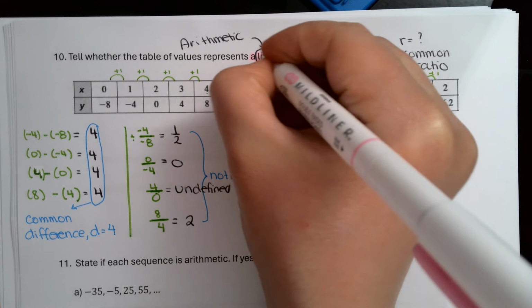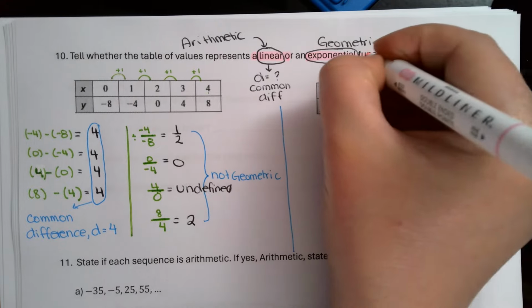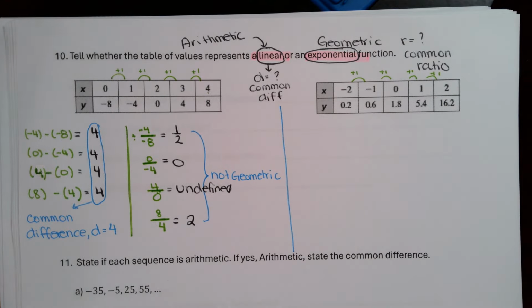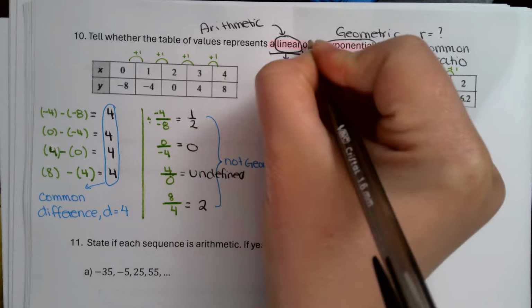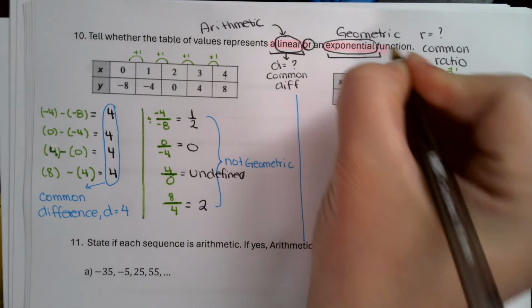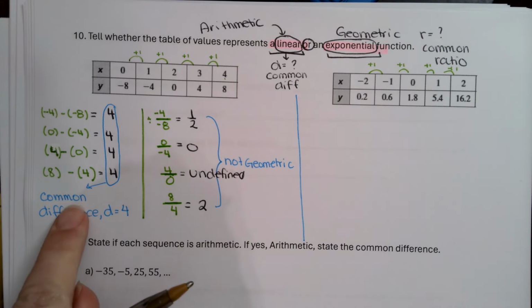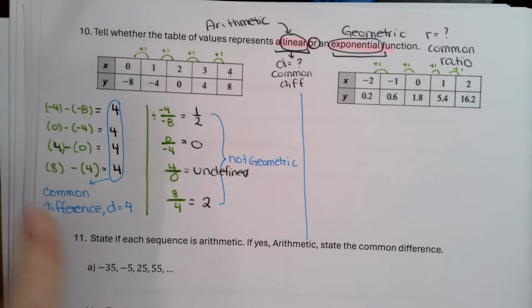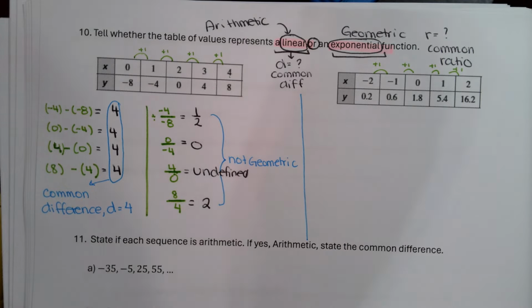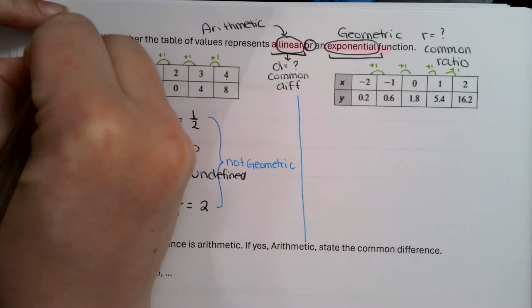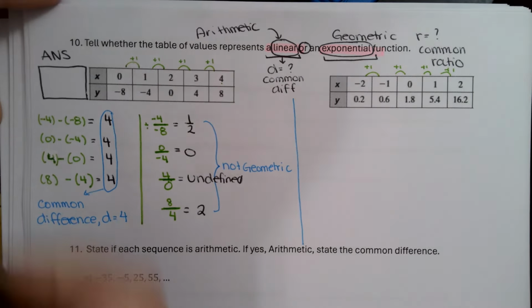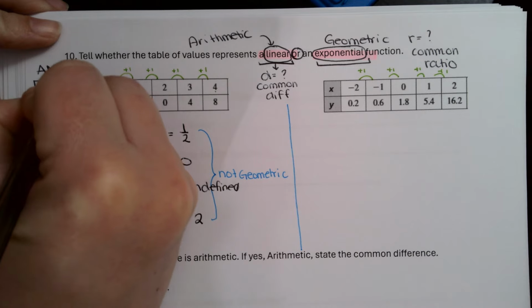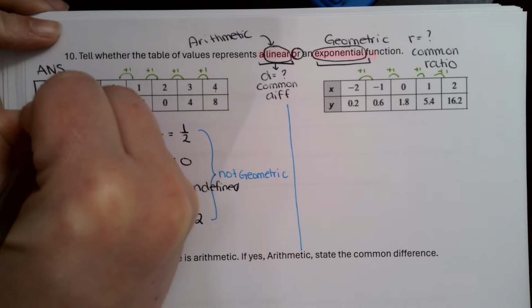We must use the words linear. We must use the word exponential. So the question is asking, is it linear or is it exponential? Linear means arithmetic, geometric means exponential. So because we had a common difference, our answer is this linear or geometric? This is a linear function.